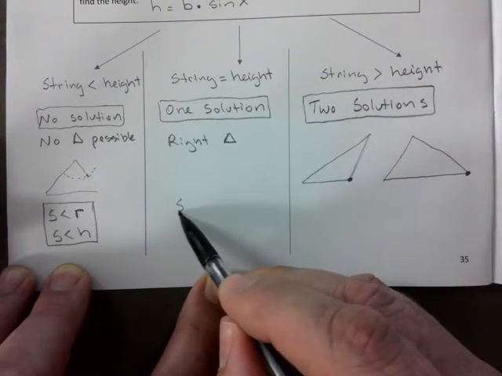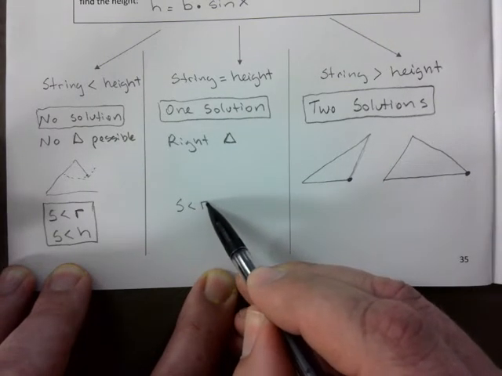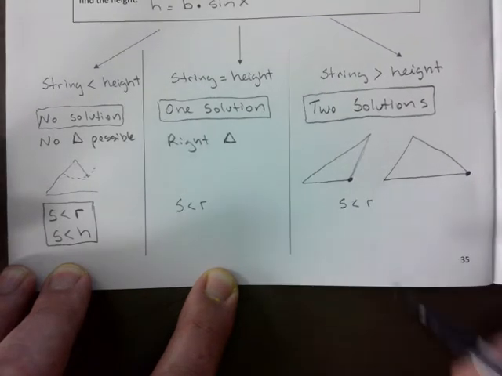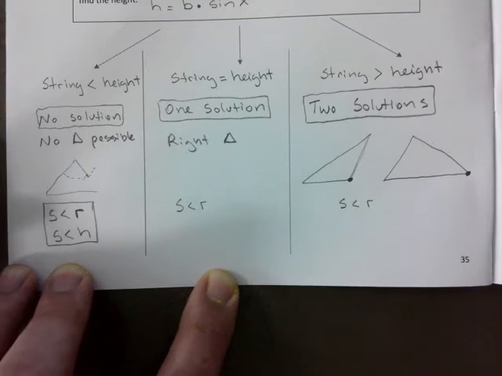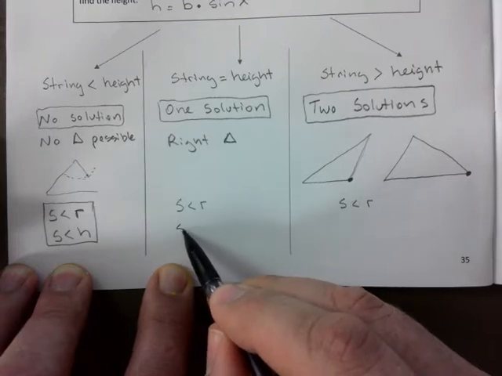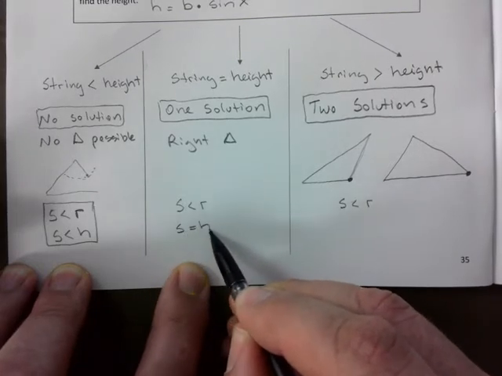For every single one of these, we had to determine that the string was shorter than the rod. All of them. That's why we are in this category, right? And then in this case, the string is exactly equal to the height.